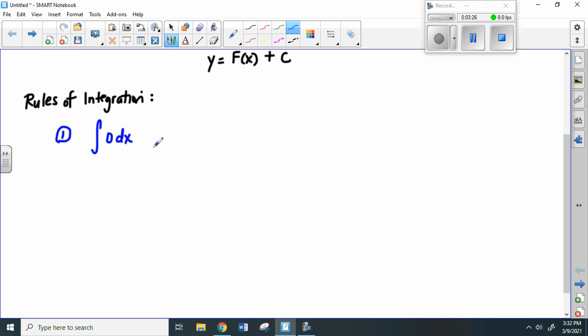So if I take the derivative of any constant and get 0, then if I integrate 0, I should be able to go back to that constant, okay? And so that's why there is always a constant added to the end, because you don't know if that function had a constant at the end or not when you go to check it, okay?